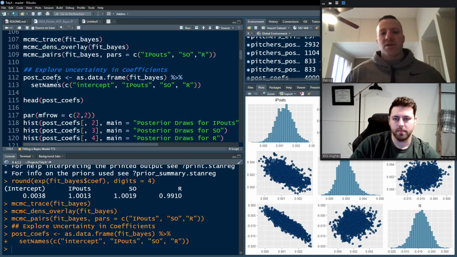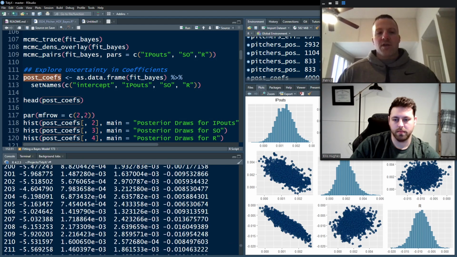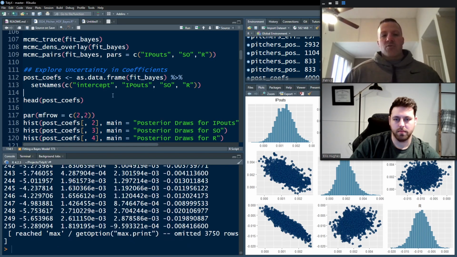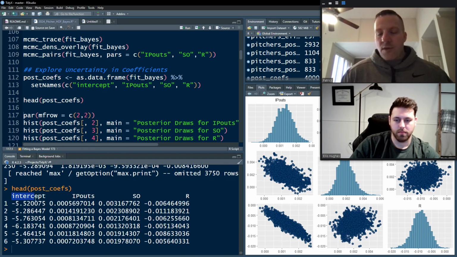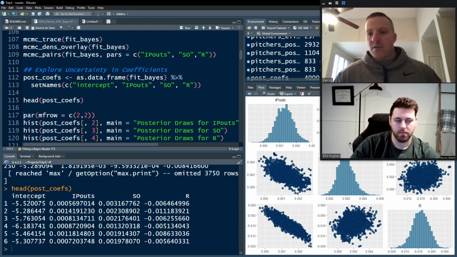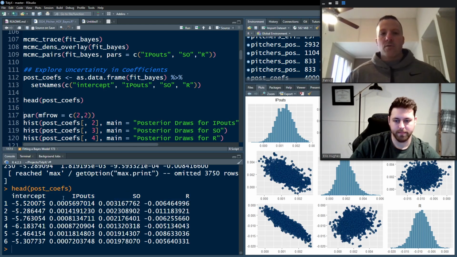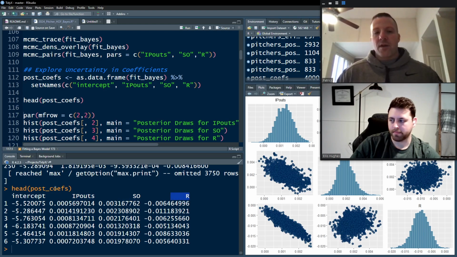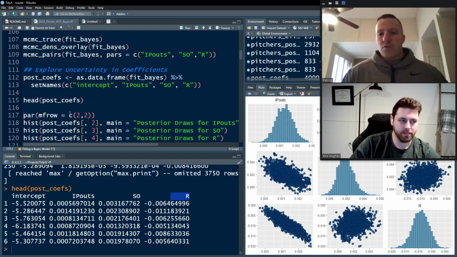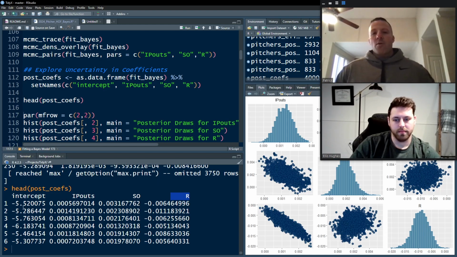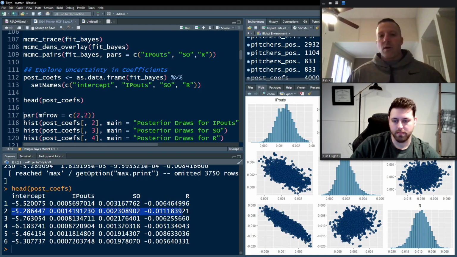And what this is going to do is it produces 4,000 rows. So 1,000 iterations times 4 chains is 4,000 rows of possible coefficients that could have been derived from the observed data. So I tend to think of these as 4,000 different universes that could have occurred from our observed data.